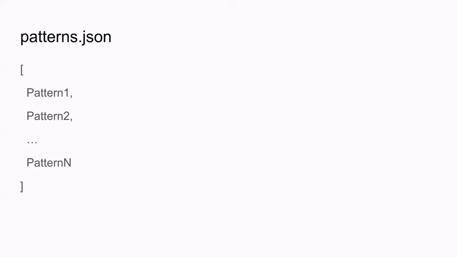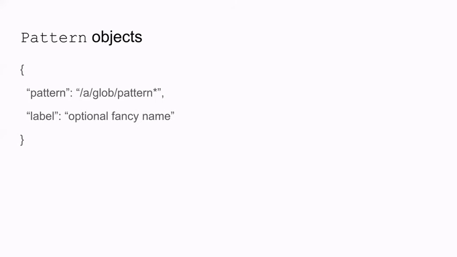Not the explanation. Now, that was for the templates JSON file. We have the patterns JSON file. That's much easier. And anyway, as we said before, in most cases, you won't need to configure patterns. But very briefly, patterns JSON is a list of pattern objects, and each pattern object has two properties. One property defines the URL path pattern that you want to match.